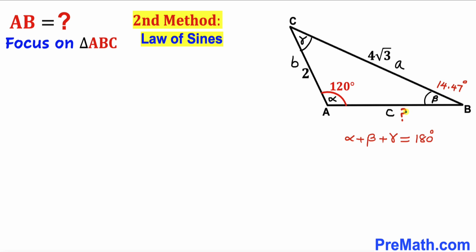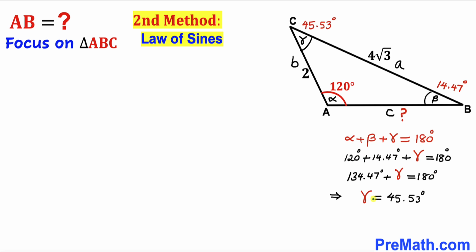And now we know that the sum of the angles in this triangle, alpha plus beta plus gamma, is going to be equal to 180 degrees. And here I replace alpha by 120 degrees and beta by 14.47 to solve for angle gamma. So therefore our angle gamma turns out to be 45.53 degrees, as you can see over here.